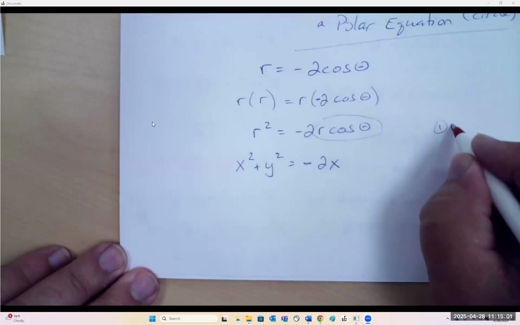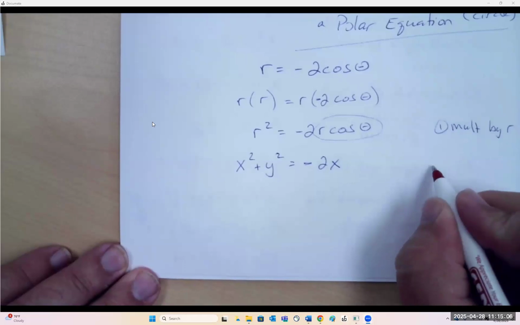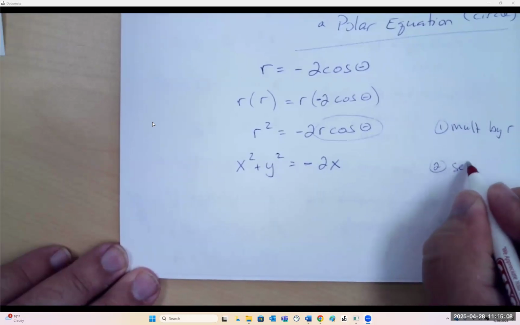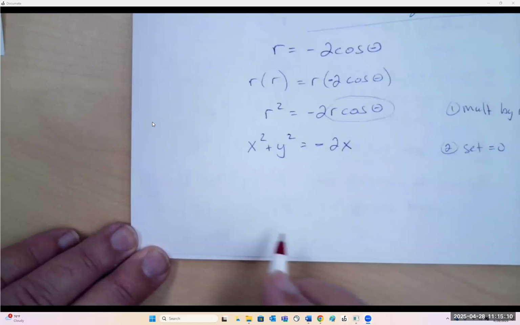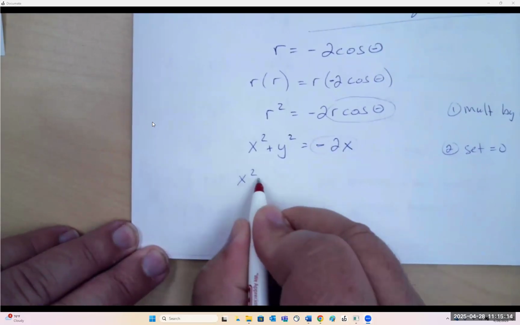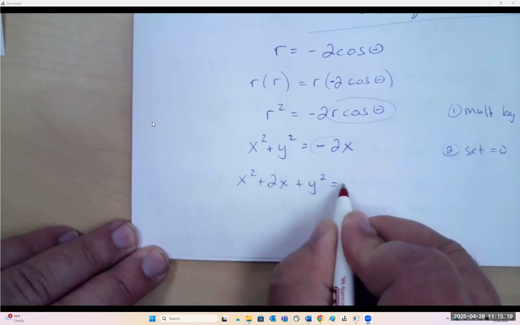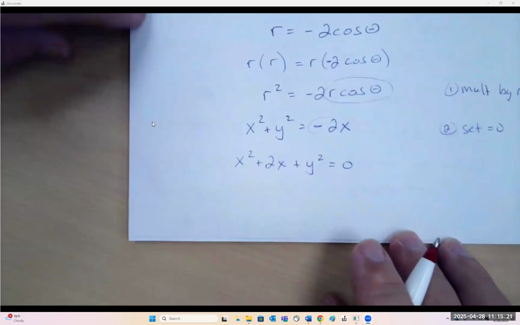So multiply by r, set equal to 0. So we're going to move that over. So we have x squared plus 2x plus y squared equals 0.